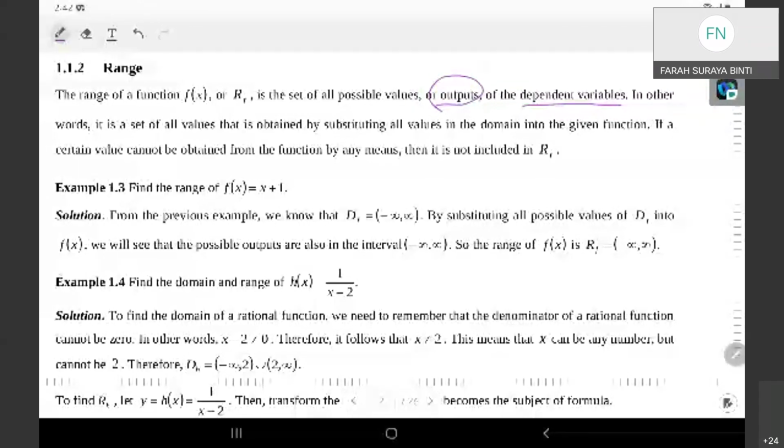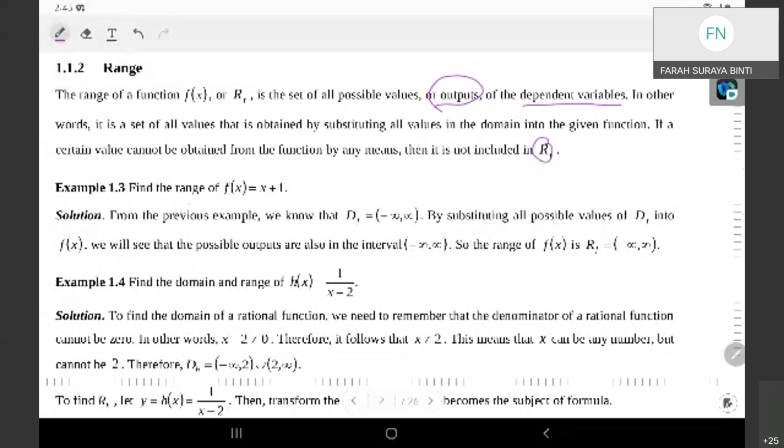So maksudnya, kita kena cari dulu domain function tu macam tadi. Okay, and then you have to substitute all the domains into that function. Okay, so we have to list all the possible values or the possible outputs of the function. Okay, so if a certain value cannot be obtained from the function by any means, then it is not included in range.